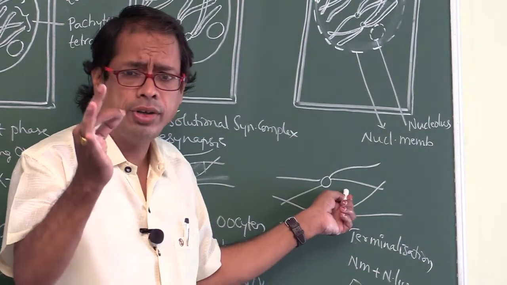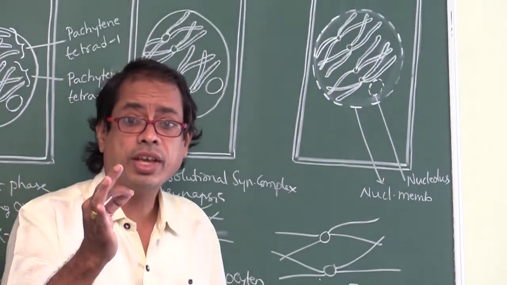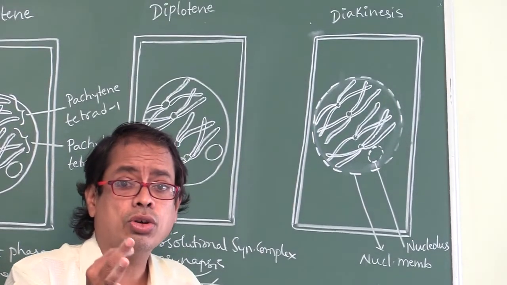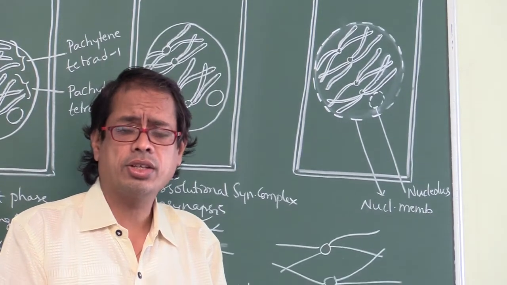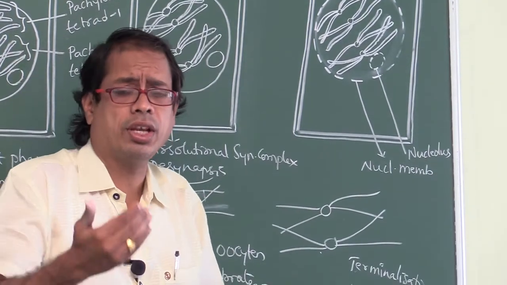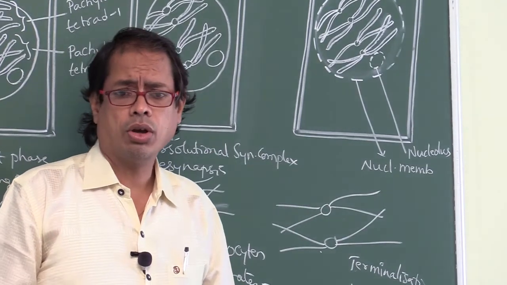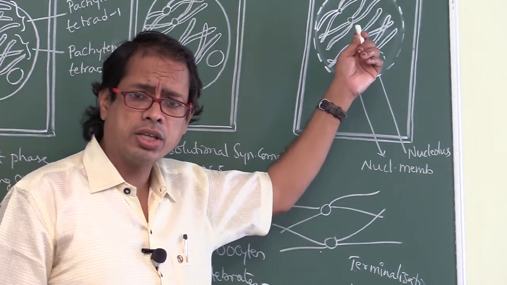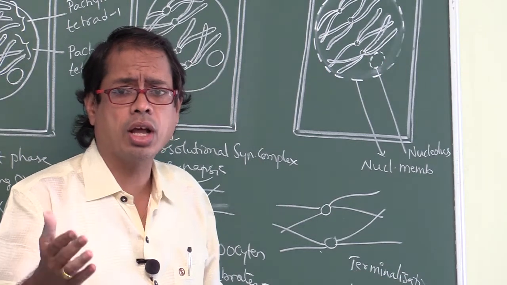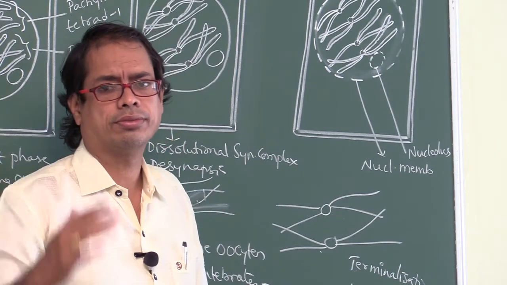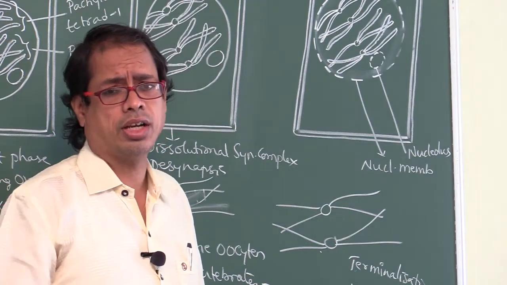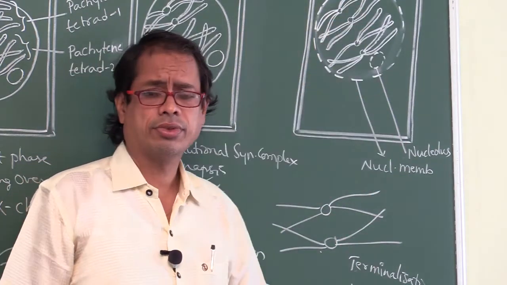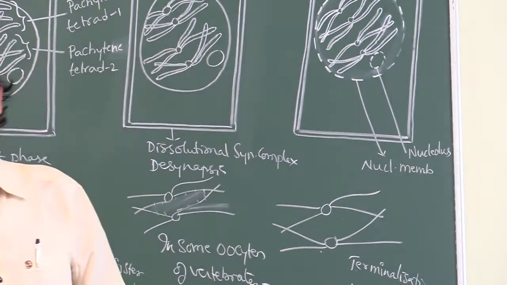This is a very minute point, my dear students. Which phase is called transition to metaphase 1? That means the stage before metaphase 1. After completion of diakinesis, it enters into a stage called metaphase 1. Few important points, my dear students.